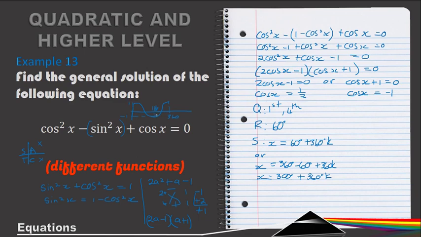So every 360 degrees it would get to minus 1 again. So my initial value for x is equal to 180 degrees, but then every 360 degrees it's once again minus 1, so plus 360k.